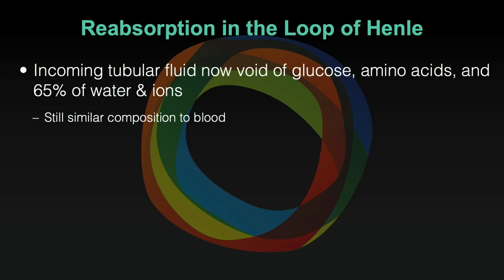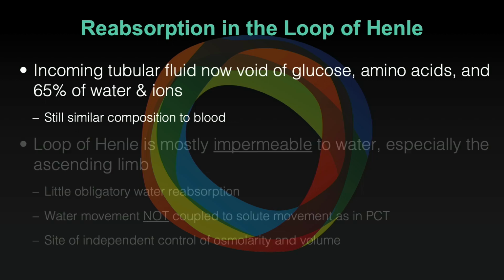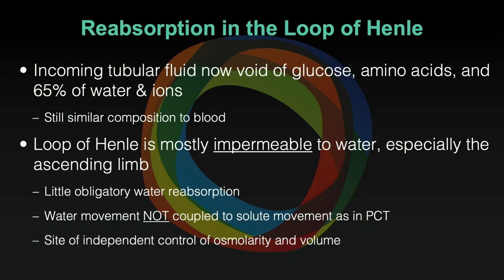But this is a special compartment because it is impermeable, or partly impermeable, to water. So far, movement of ions will necessarily mean water has to move as well. In the loop of Henle, movement of ions can be divorced or uncoupled from the movement of water.